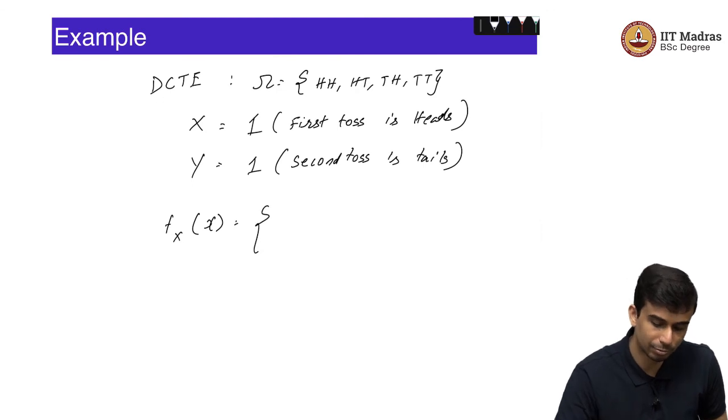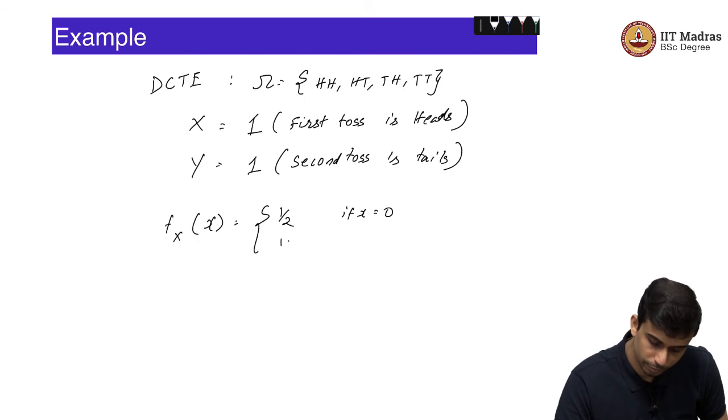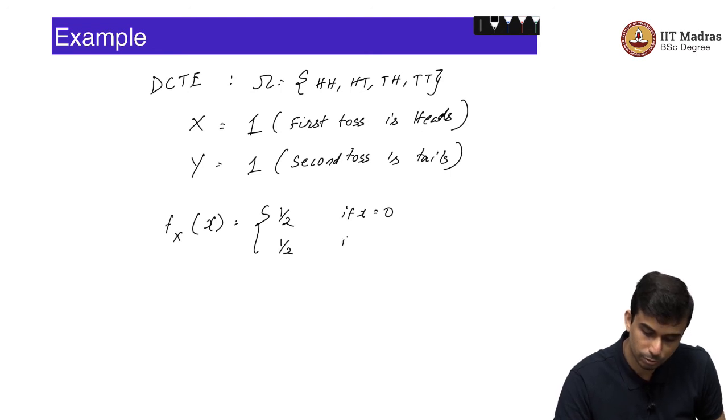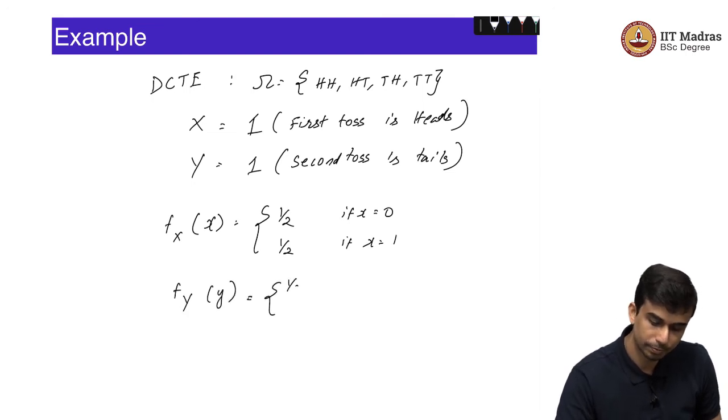Why is that? Well, we can write down fx of x. Fx of x is equal to half if x is equal to 0, half if x is equal to 1. What is fy of y?